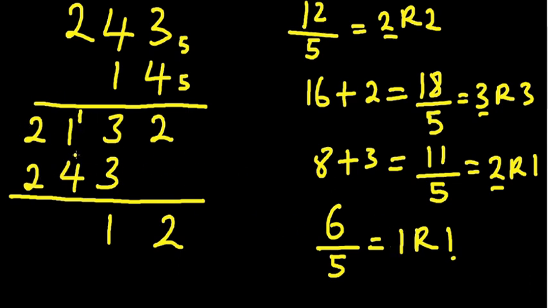Now the next operation is 1 plus 4. So 1 plus 4 is 5. Plus the 1, which is the dividend that we wrote down here, is going to give us 6. So again, we're going to divide 6 by 5, which is 1, remainder 1 again.